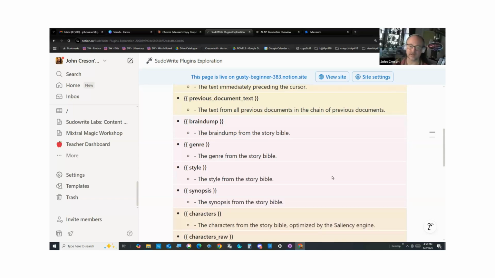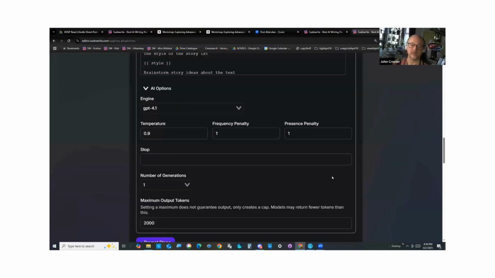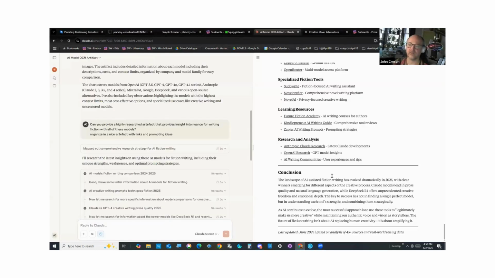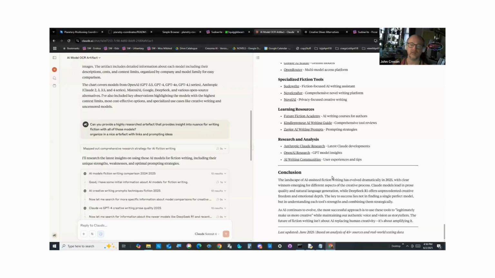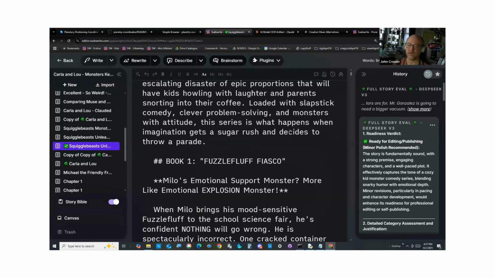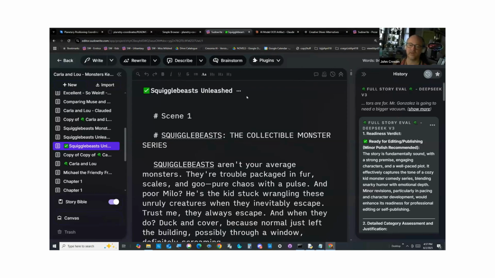Let's see, I have one of these. Squiggle Beasts here. So this is a 100,000 word YA series called Squiggle Beasts.